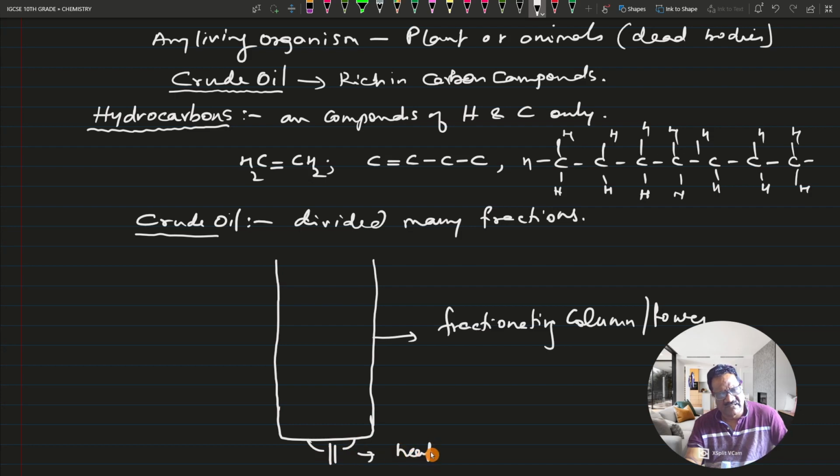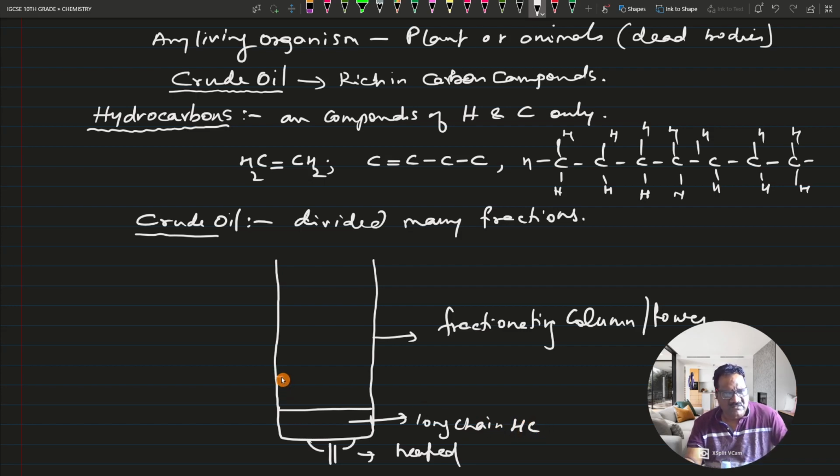Now this fractionating column is heated from below. Now in the fractionating column, when you put the crude oil, this lower fraction will be something which is made up of very long chain hydrocarbons. So here in this region you will get long chain hydrocarbons.